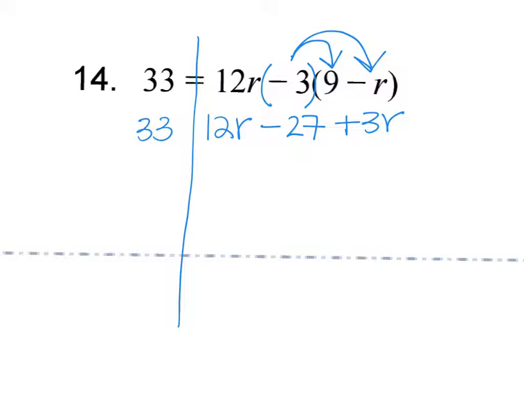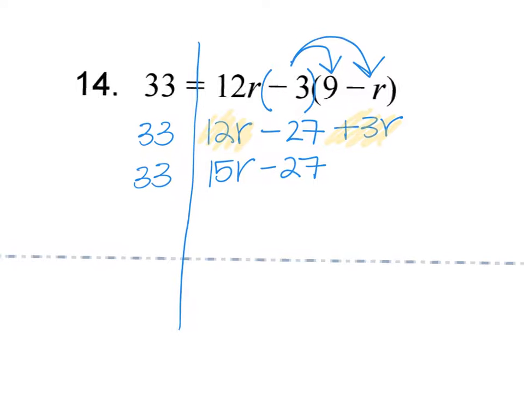Now there's another thing I can simplify. I'm still on step 2. I've got a 12r and a 3r. They've got the same last name. So 12 plus 3 is 15r minus 27 is still there. And I still have 33.